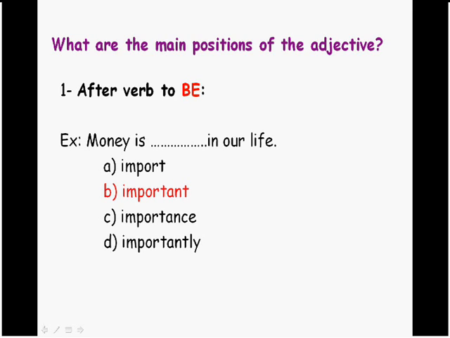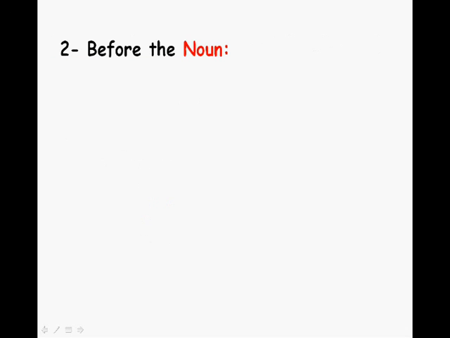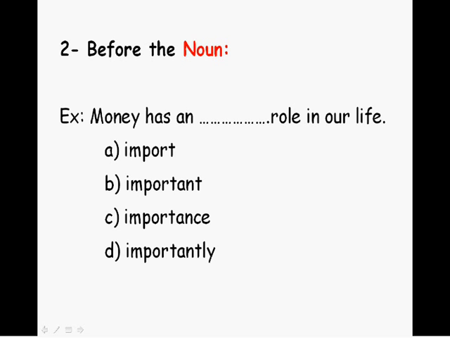So here I put an adjective. I can also say, Mona is good. Okay, or Mona is a good girl. Again, good is an adjective. Also, I put an adjective before the noun. So, I have an adjective and I have a noun, then I put the adjective before the noun.